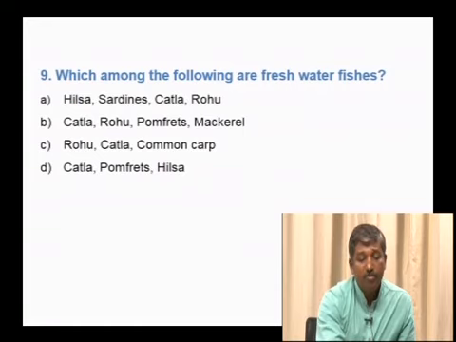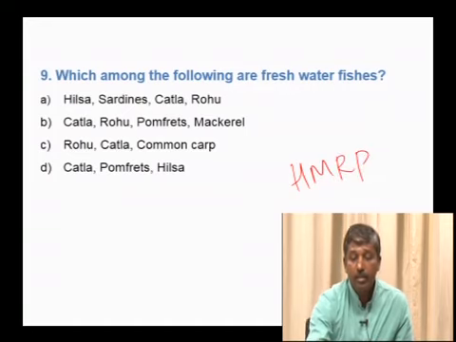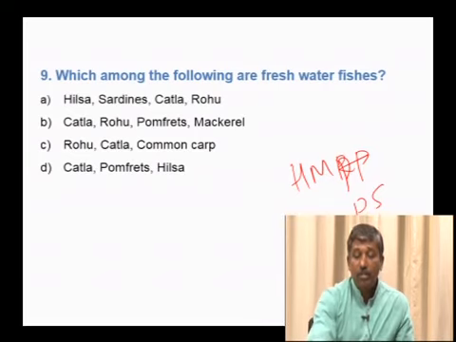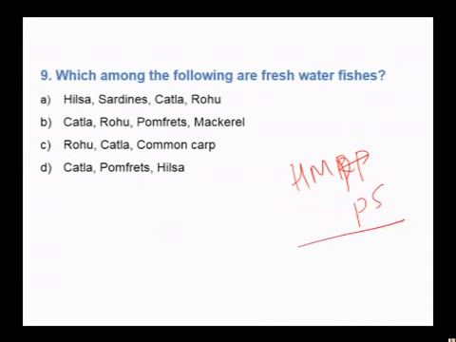Generally, you can remember HMPS: hilsa, mackerel, pomfret, sardine are marine fishes which are used as a source of food. Hence, hilsa and sardine are marine fishes.